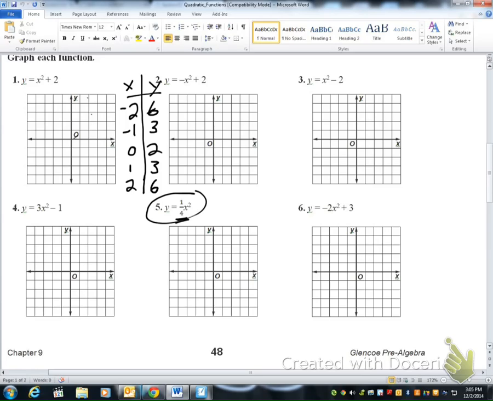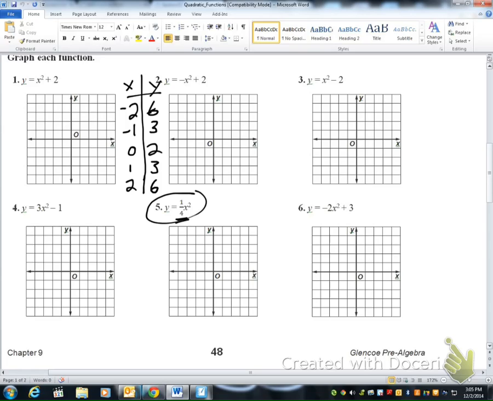Now to graph it. Again, for this one, you have 2 choices. You can either count by 2s, because this graph goes up to 6, and there's only 5 squares.